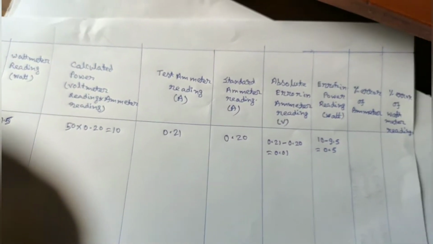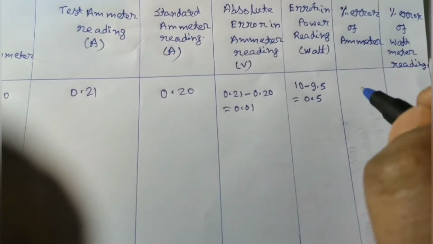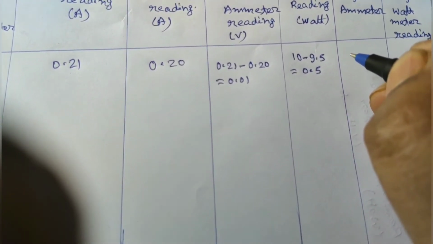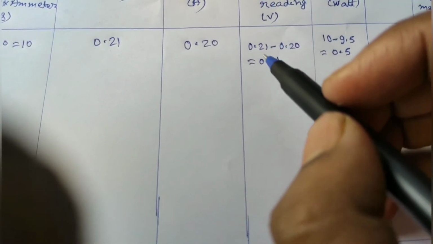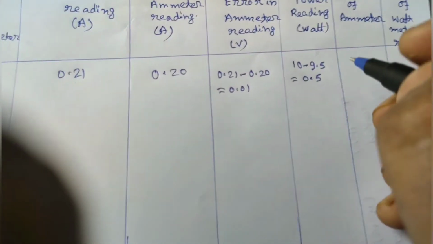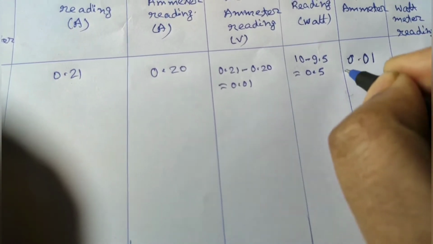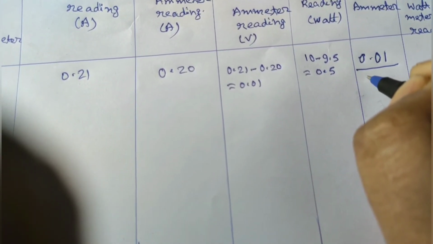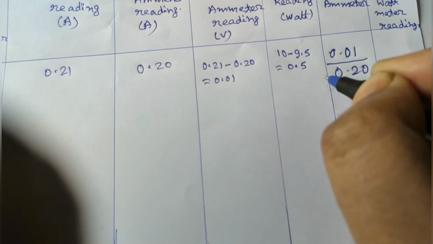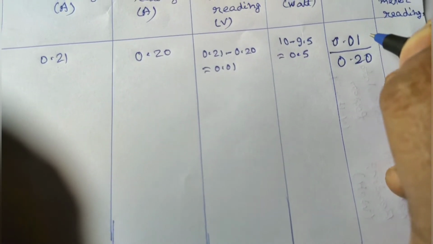So the formula that we need is the difference between standard and test, divided by standard. So it will be 0.01 by 0.20, this is the difference, divided by the standard value, into 100.